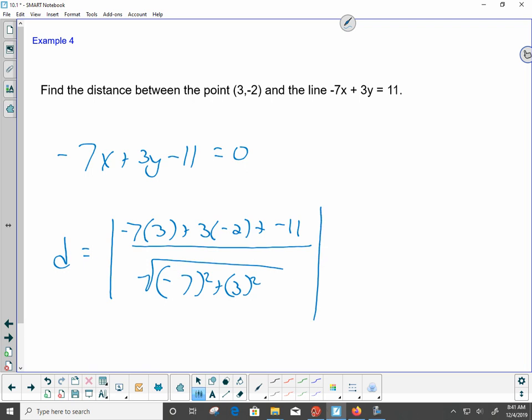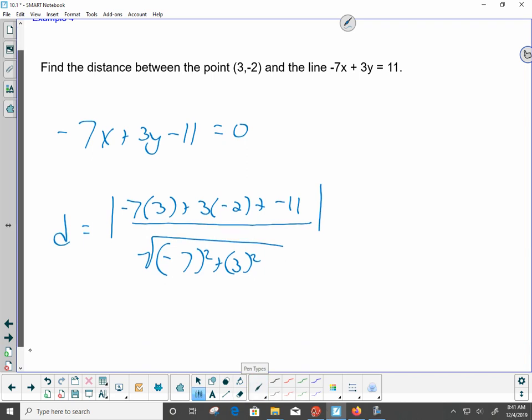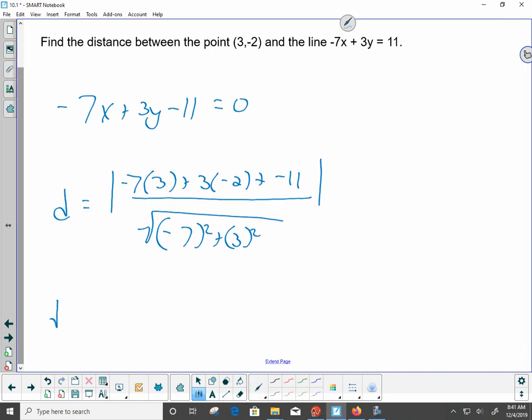The absolute value is only on the top half. You know why? Because there's no way you take the square root of a negative number. So this is negative 21, negative 6, negative 11, negative 38.